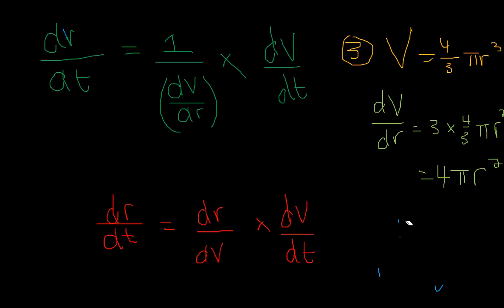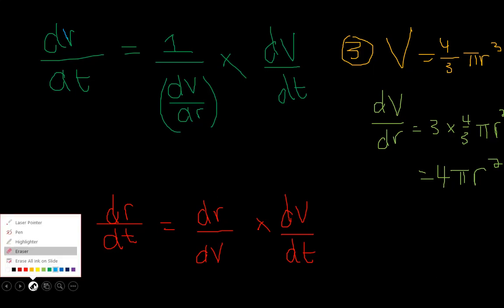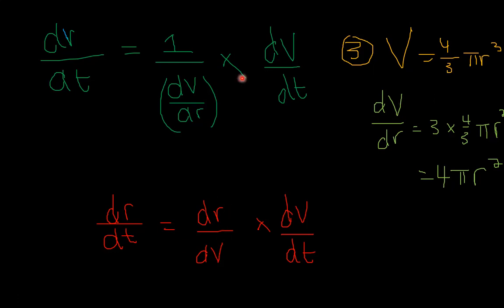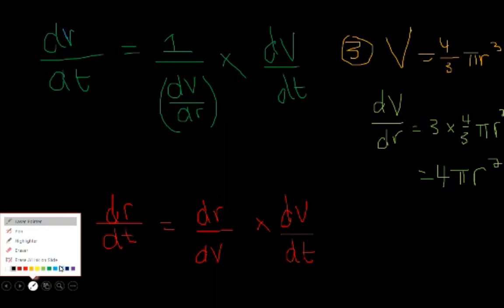So that's a problem, right? Because I need to find this in order to get this. So how exactly can I do that? Well, the relationship between this and this is that dr on dV is actually the same as saying 1 divided by dV on dr.